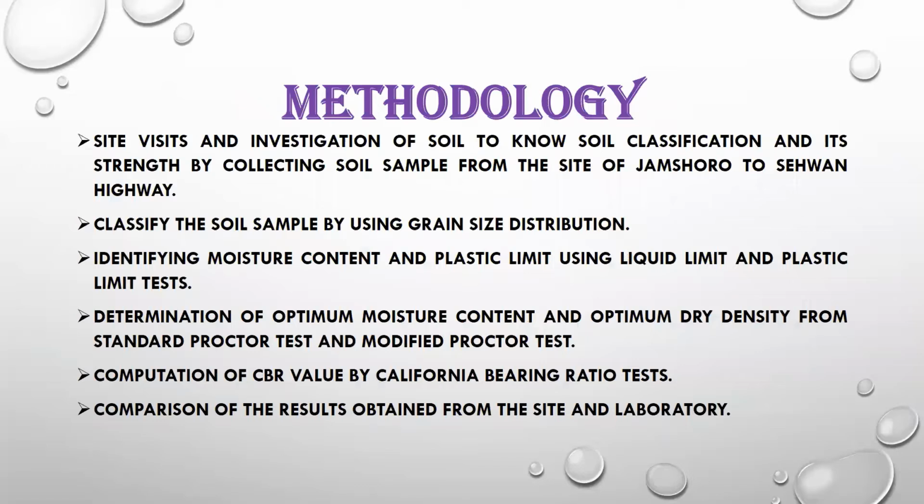Now, the methodology. We made site visits and investigated the soil to know its classification and strength, collecting soil samples from the site on the Jamshoro to Sehwan Highway. We classified the soil using grain size distribution, and identified moisture content using the liquid limit and plastic limit tests. We determined optimum moisture content and optimum dry density from the standard Proctor test and modified Proctor test, computed the CBR value by the California bearing ratio test, and compared the results from the site and laboratory.